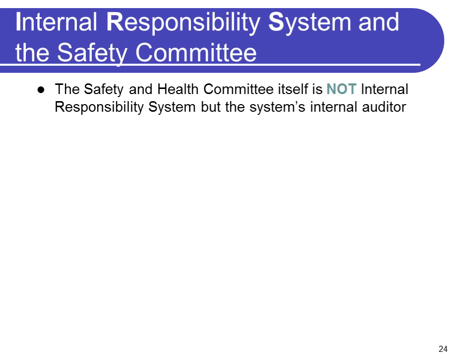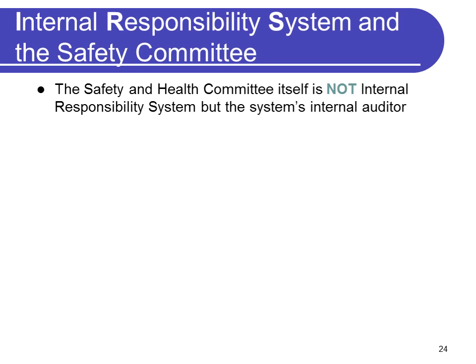Okay, safety committee in regards to the internal responsibility system. The Safety and Health Committee is not the internal responsibility system, but it's the system's auditor, internal auditor. Members of the Safety Committee make sure that the internal responsibility system is working, that all the 3 rights are in line with the objective of the company.